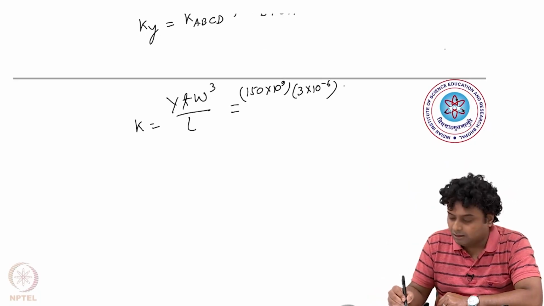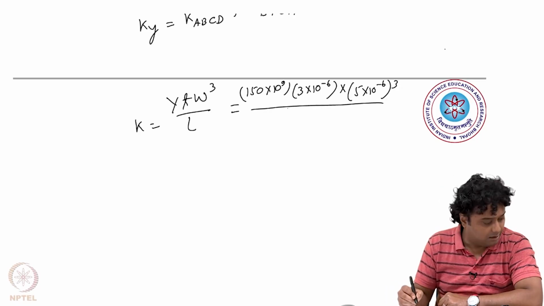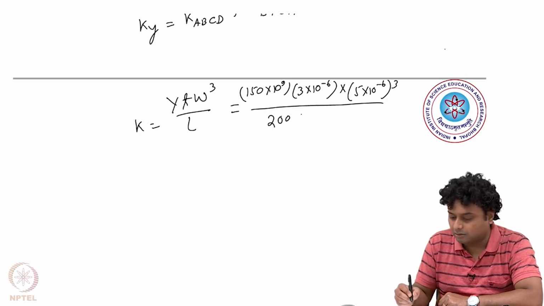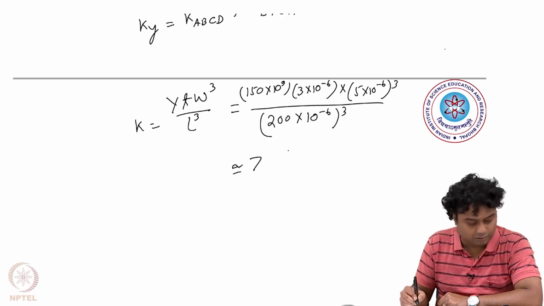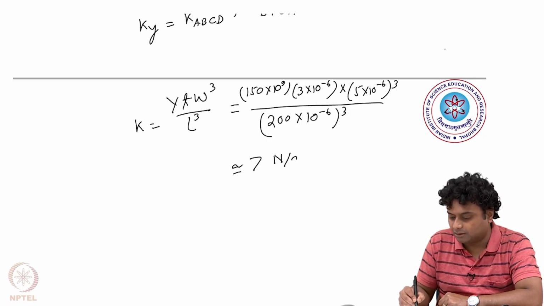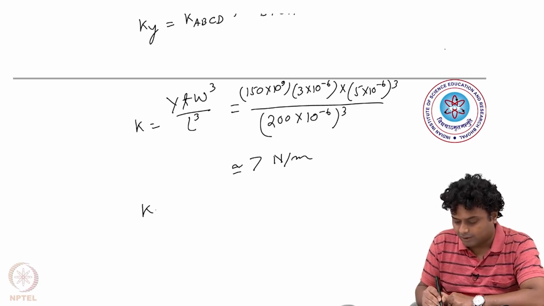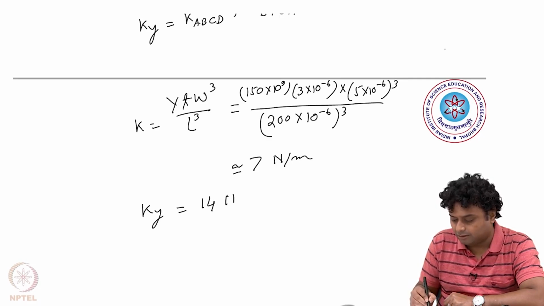So YT into W cube, W is 5 micron, 10 to the power minus 6, divided by L cube, L is 200 micron. So K is equivalent to 7 Newton per meter, and then Ky, the stiffness constant, is 14 Newton per meter.